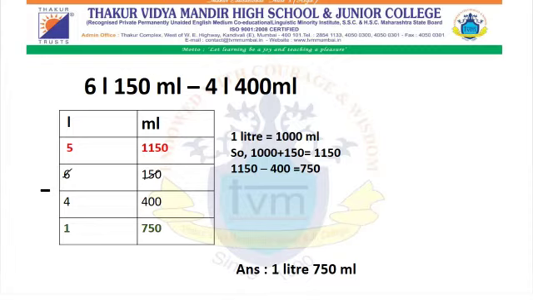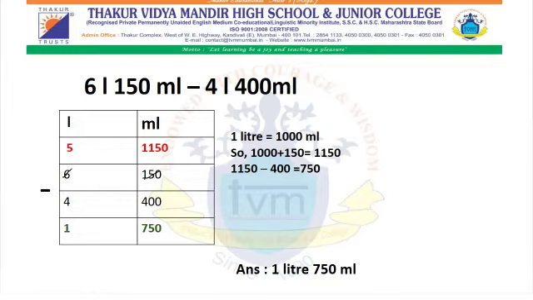So what you are going to do is borrow 1 liter, right? Now you know that 1 liter is equal to 1000 milliliters. So from the liters place, when you are borrowing 1, 6 will become 5. And here in the milliliters place, you have 1000 plus 150, that is 1150, right?